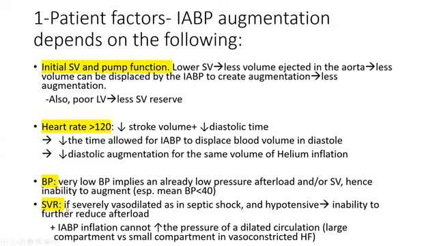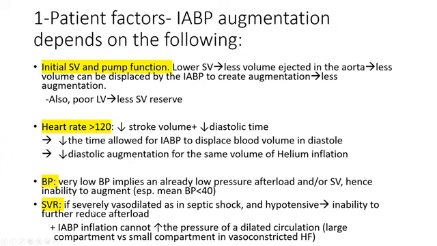SVR. To respond to balloon pump, the more you're vasoconstricted, the more you respond to balloon pump, because the more you're vasoconstricted, the smaller your vascular arterial compartment is, and the more you will get a bump in pressure upon augmentation and displacement of blood volume. So if you're severely vasodilated, as in septic shock and hypotensive, there is inability to further reduce afterload.